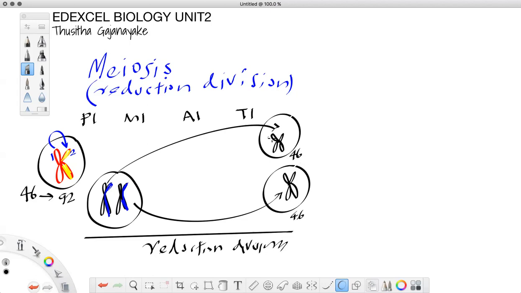Now the blue one is a duplicated version of this. So number wise it is 46, but quality wise, half of the chromosomes. So at this stage it's diploid, and this is haploid.